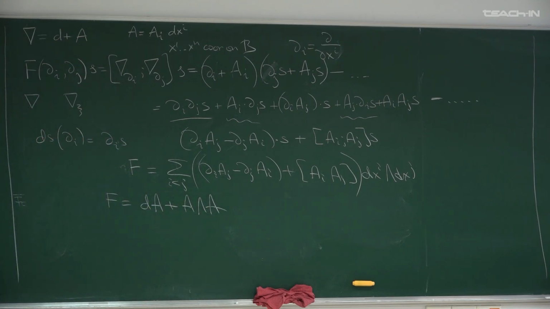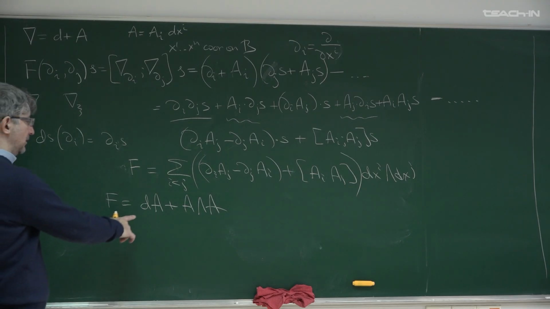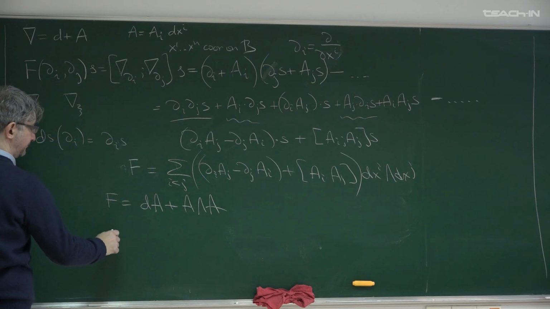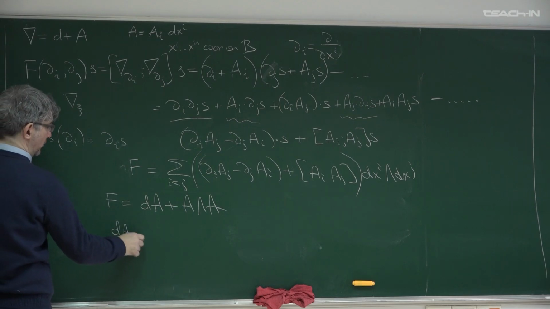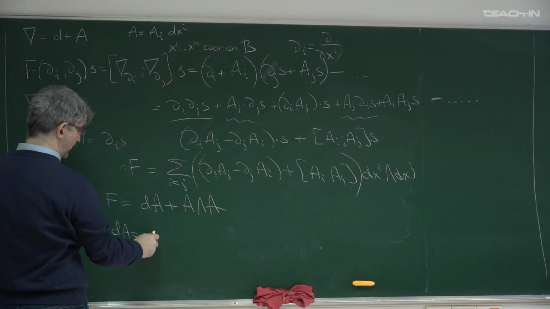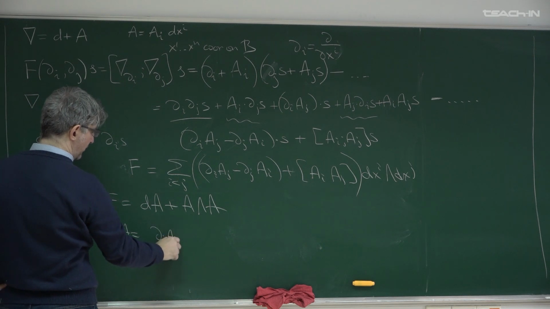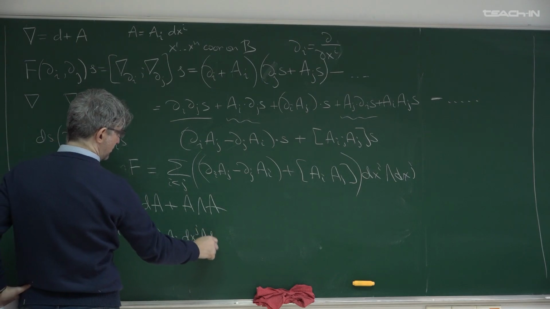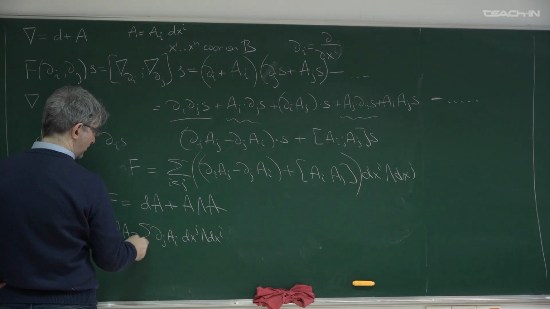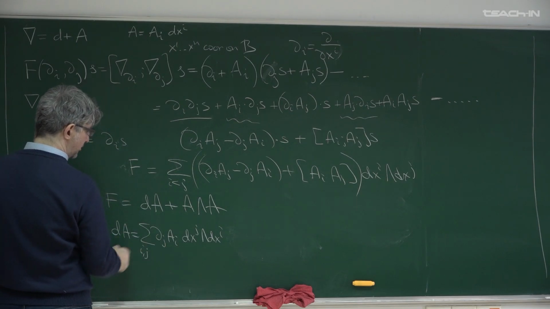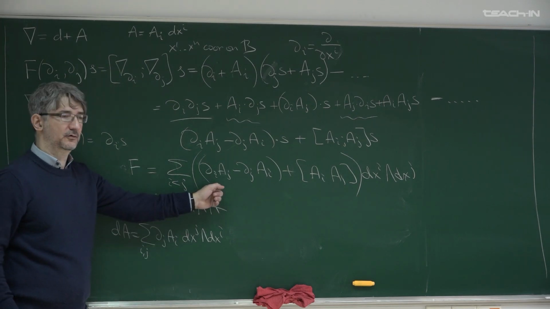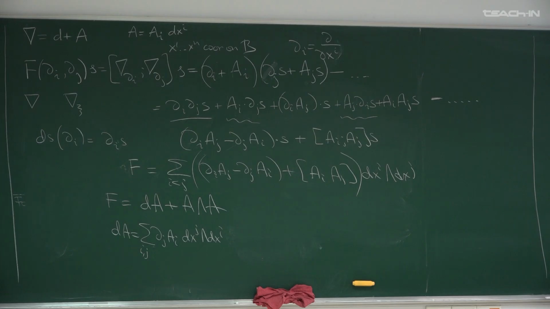Let us check that this is correct. What happens if you write dA? Look here and write dA. dA is equal: first of all you take the derivative of this guy. So you write d_j of A_i dx^j wedge dx^i, and you take a sum over all i and j. The question: does this thing coincide with the first summand here or not?